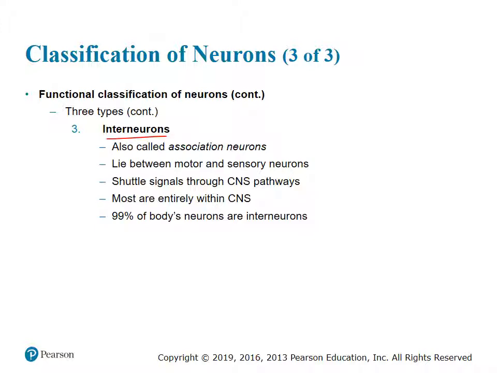They're the processing ones, right? Those are the ones between the motor and the sensory. Those are the ones that are mostly CNS, right? A vast majority of our neurons are interneurons, association neurons, the ones that you find in the brain and spinal cord. 99% of them are that.